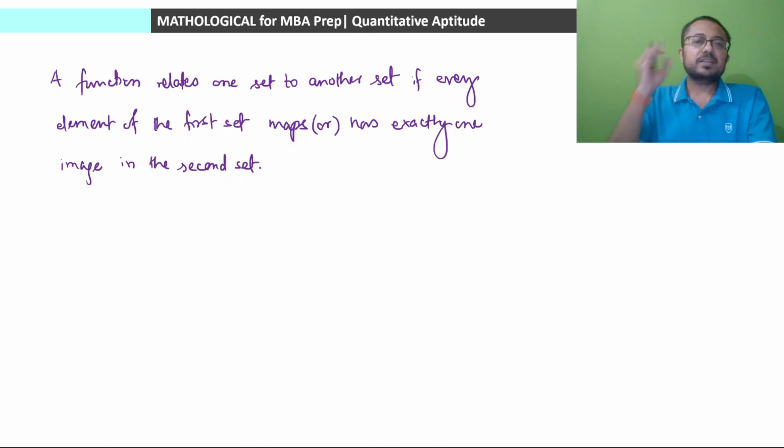So a function relates one set to another set if every element of the first set maps to exactly one image in the second set. Exactly one, neither 0 nor more than 1. So in that case, we have a function.